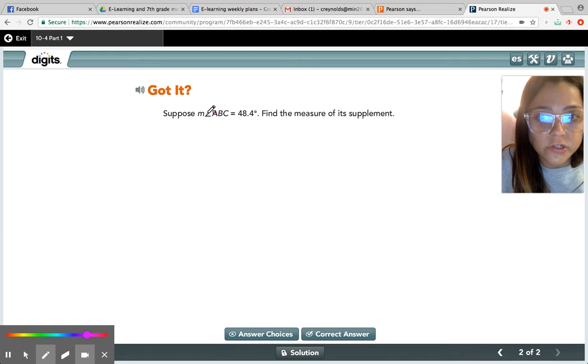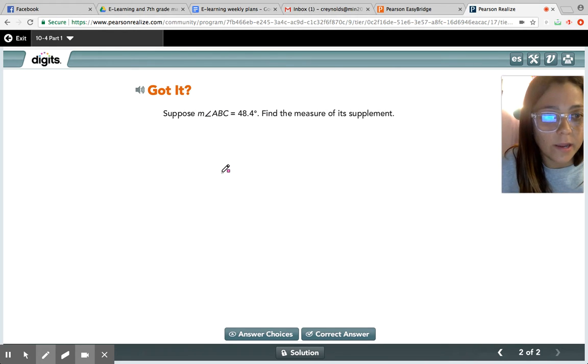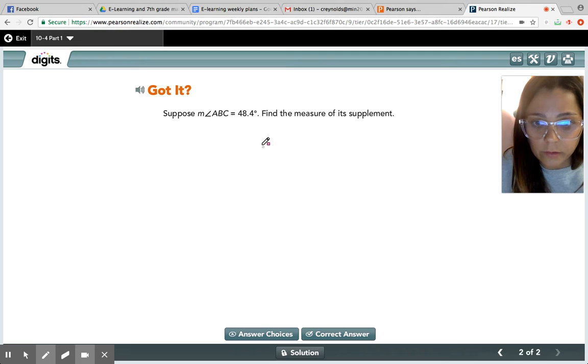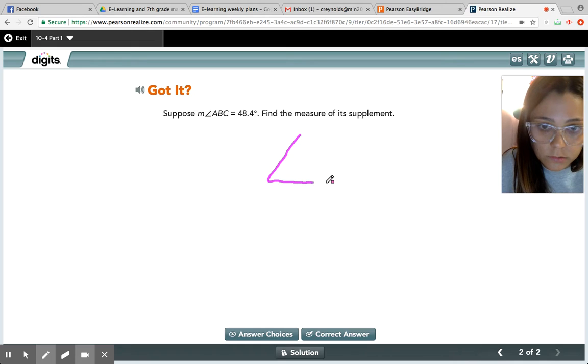So suppose the measure of angle ABC is equal to 48.4 degrees. Here goes my angle. So I know 48.4 degrees is going to be an acute angle because it's less than 90 and greater than 0. So I'm just going to draw my acute angle. Doesn't have to be perfect here.